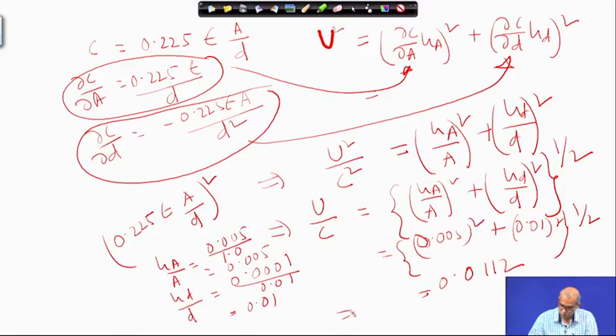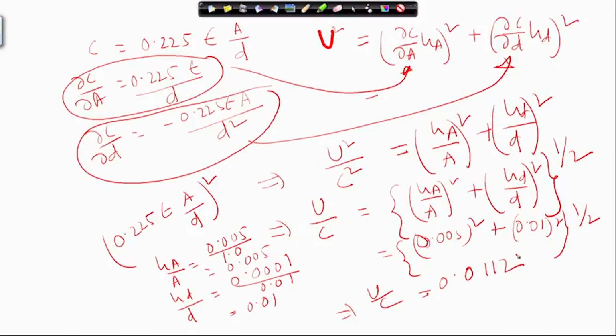So, this becomes 0.0112. u by C becomes 0.0112, which means 1.12%. So, the uncertainty in the measurement of capacitance is 1.12%.